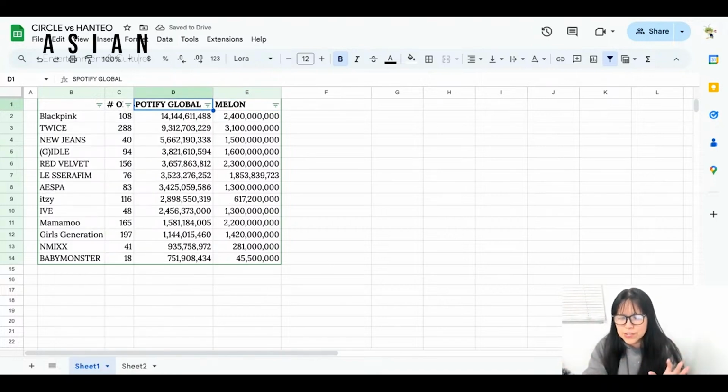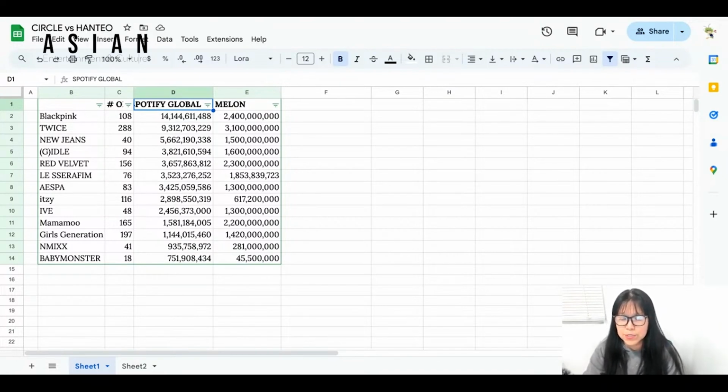I know it looks like G Idol and Red Velvet have more, but they've been around for longer, so they've accumulated more streams. But if you just do an apples to apples comparison, it's going to appear that New Jeans and Le Sserafim are the ones that are big globally.